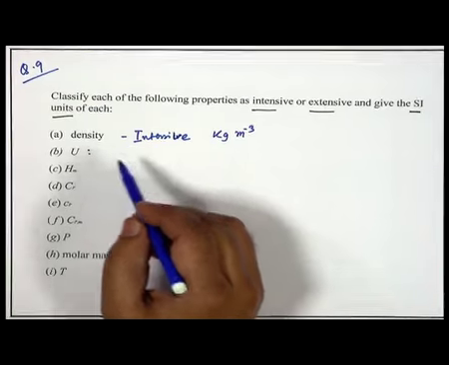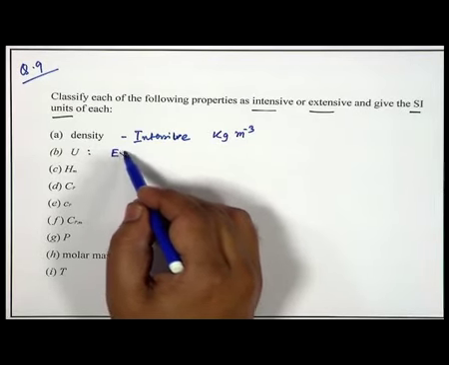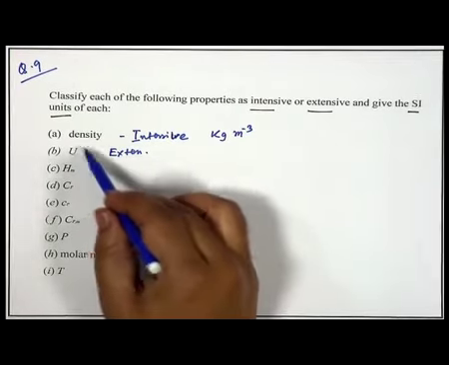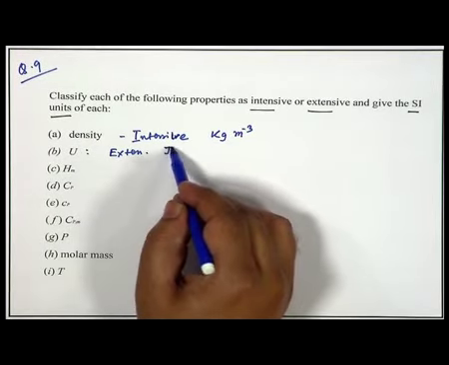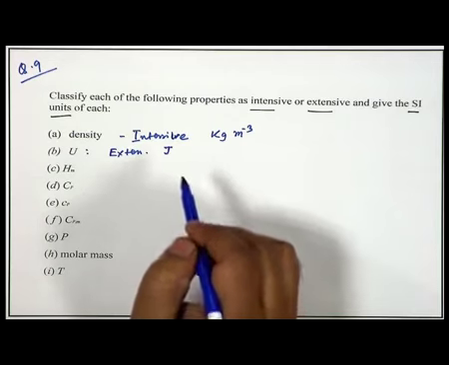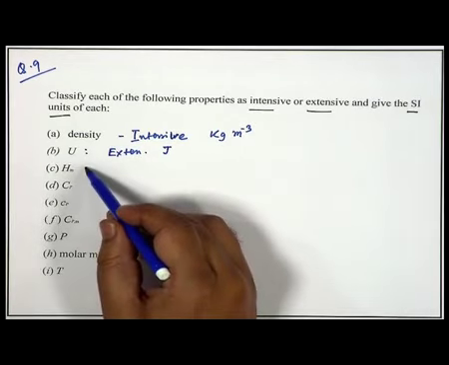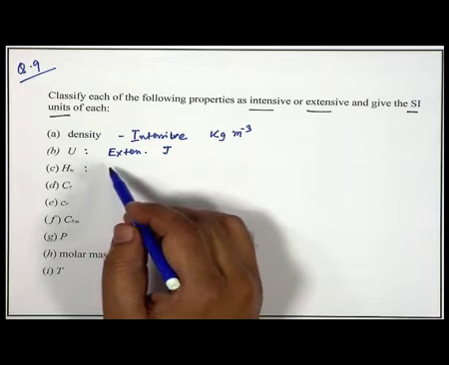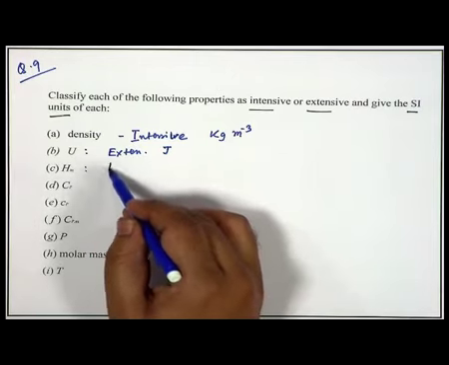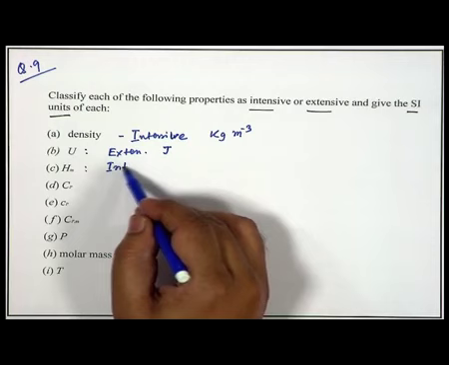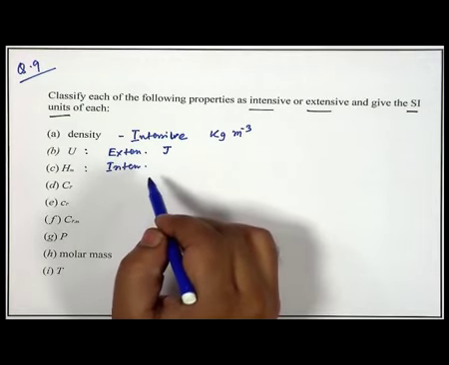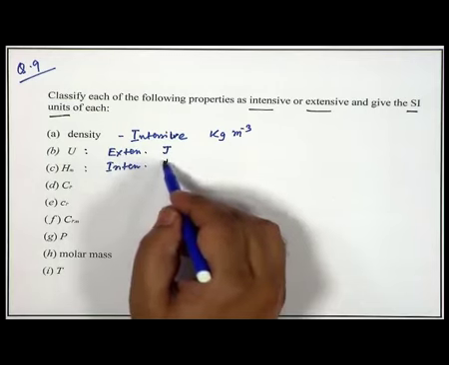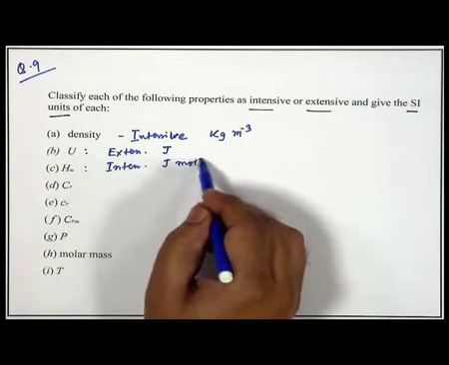Internal energy is, as we said, an extensive quantity, it is energy, so the unit should be joule. This is molar enthalpy, so enthalpy per mole. So, it must be an intensive quantity, it is energy per mole, so joules per mole.